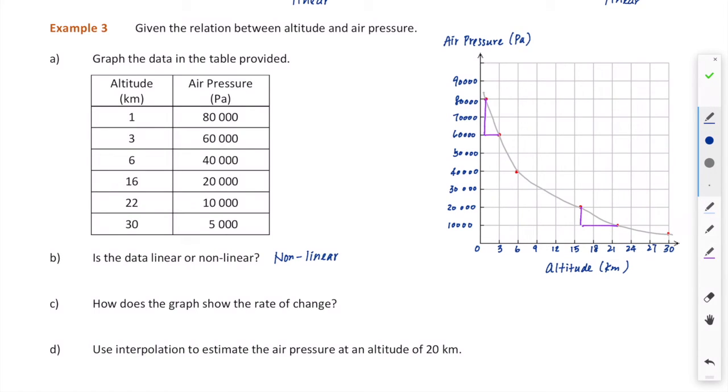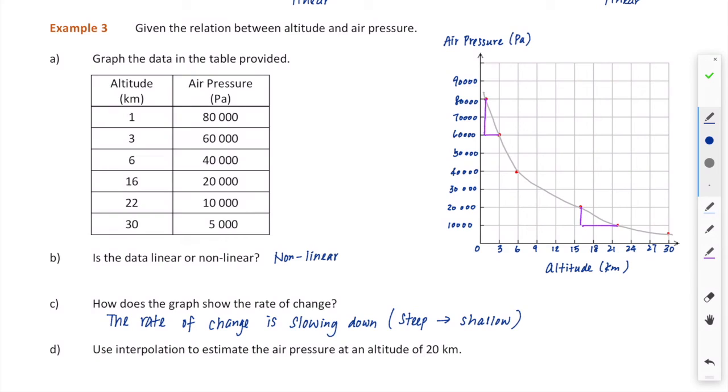So the graph does show that the rate of change is slowing down. As you can see, the trend is going from a more rapid decrease to a less rapid decrease, or from steep to shallow. If I have to describe the slope in a certain section of the curve.